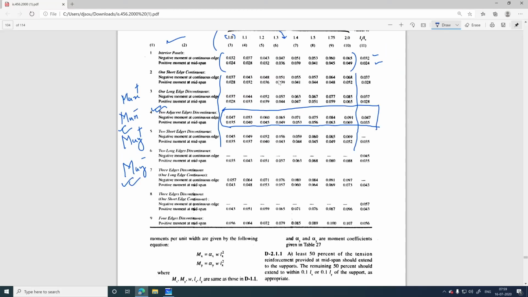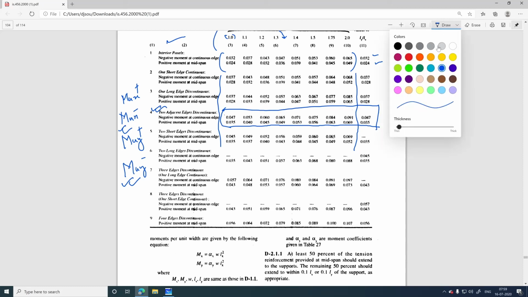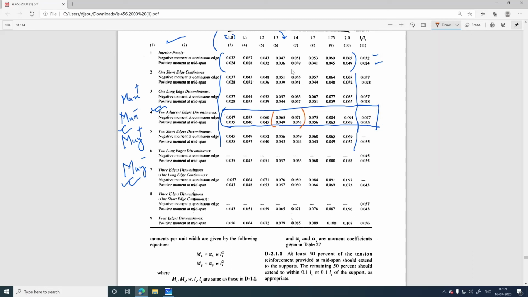So our condition is between 1.33 and 1.4, right? So we need to interpolate between 0.065 and 0.071 to determine the negative moment, and for the positive moment at the mid span we need to consider these two values. Okay, so I am just determining one value, and similarly you can do the same for the other one.